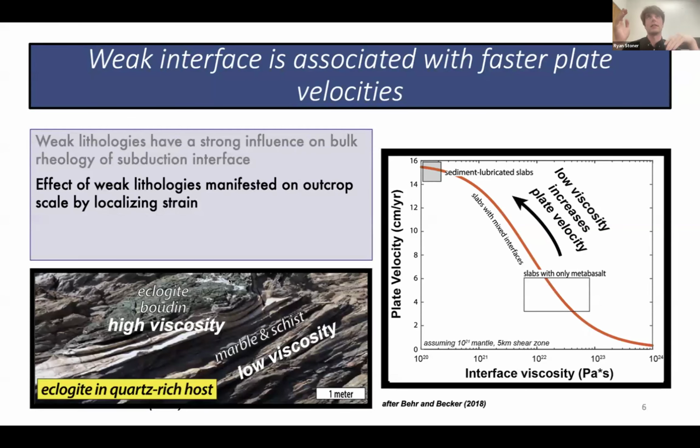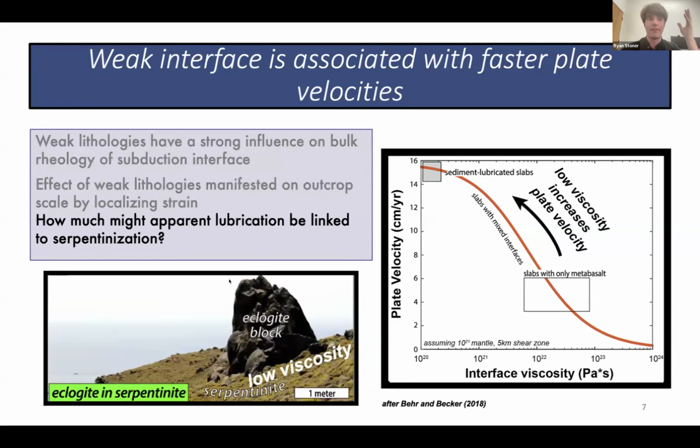This isn't something that's only based on experimental studies. We do actually see this in the field itself. Weak lithologies such as this marble and schist tend to wrap around stronger lithologies like the oceanic crust. So this has some field evidence-based reasoning as well.